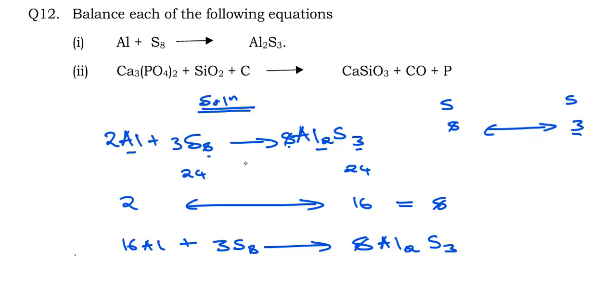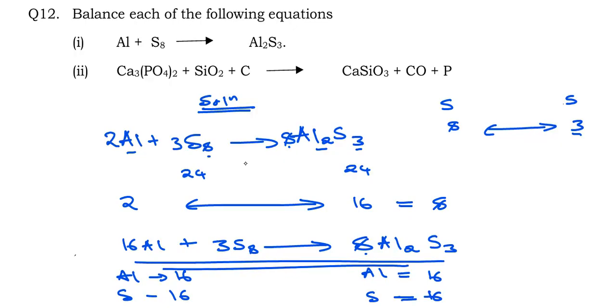Now you can note that on the left hand side, aluminium, we have 16. Here aluminium, we have 8 times 2, we also have 16. What about our sulfur? Sulfur here we have 3 times 8, we have 24. Even here 8 times the 3, we also have 24. This makes more sense. So this is the balanced equation of this question.